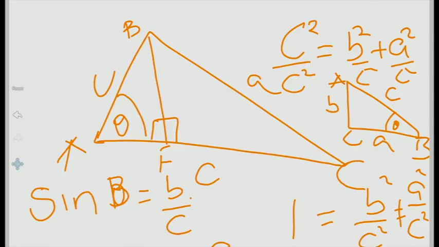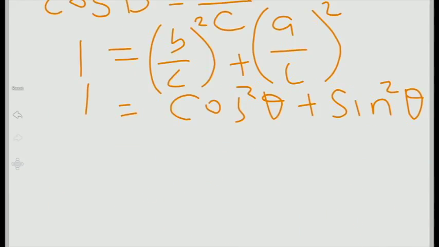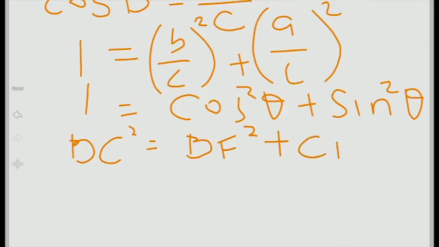Let's use Pythagoras to find BC. BC squared is equal to CF squared plus BF squared.